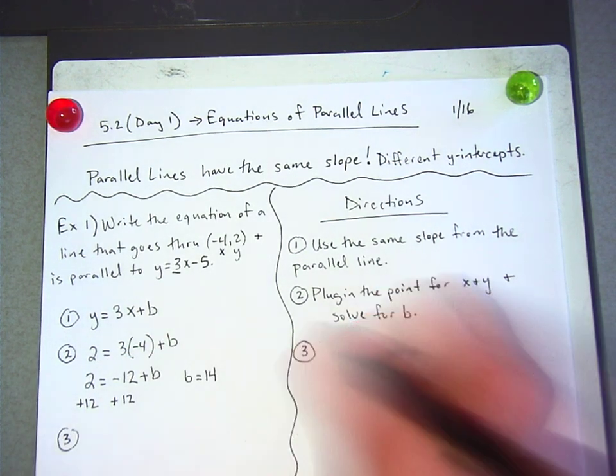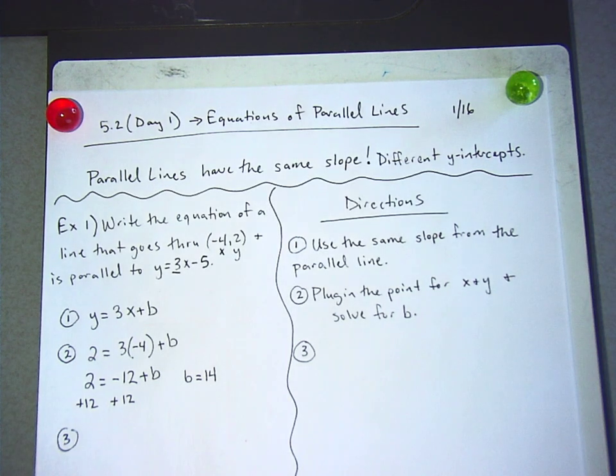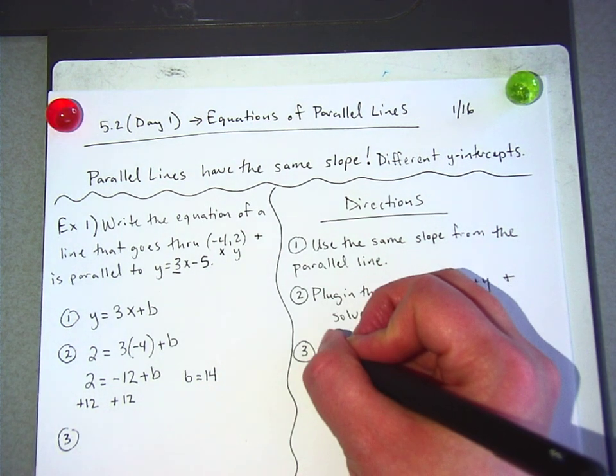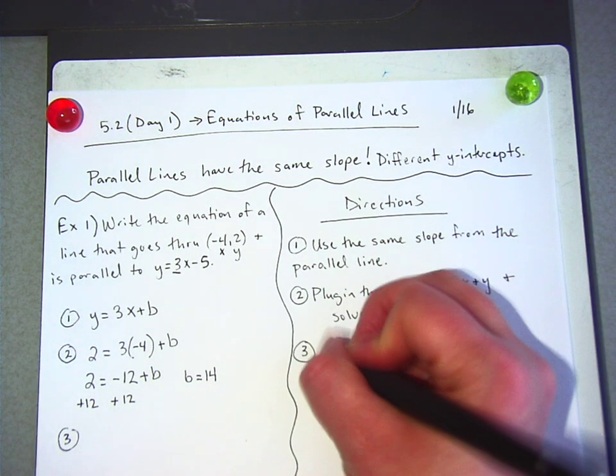All right, hands up for this one. What's the final step? Yes, we're going to plug in 14 for b, and we also have to have the 3 in for m. So I'm going to write here: rewrite the equation.